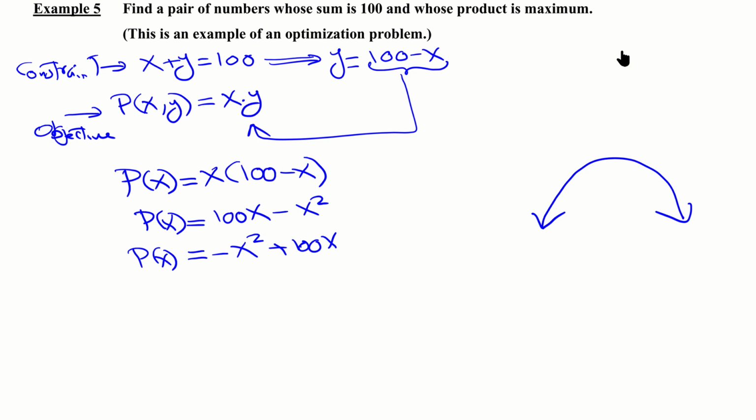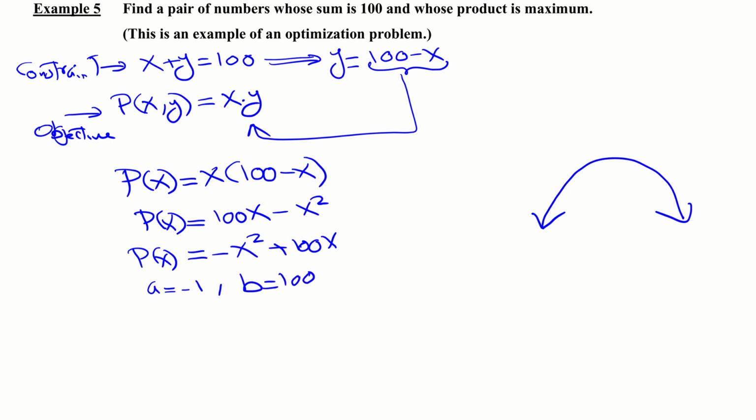Now we can find the vertex by putting this in vertex form, or we can simply use the shortcut which we just learned. Let's go with the shortcut just to get some practice with that, since we've done a few of the other type. So here we have a equals -1, b equals 100.